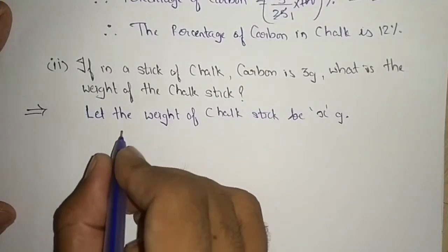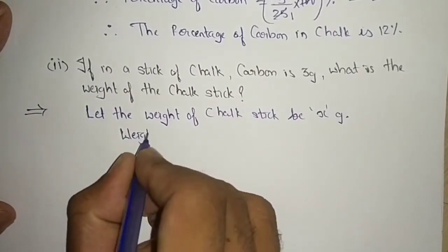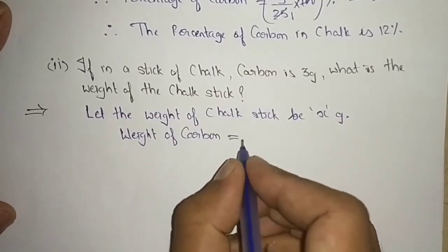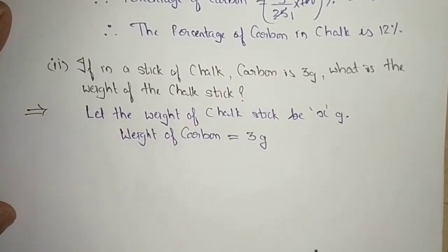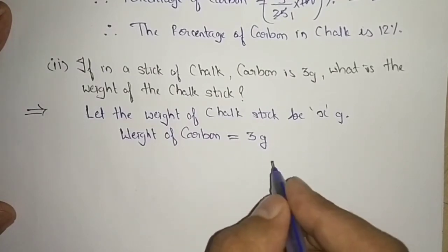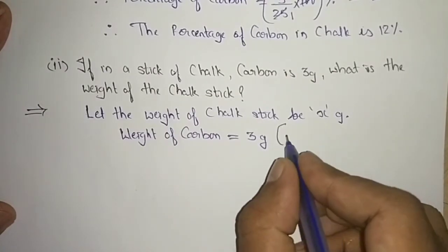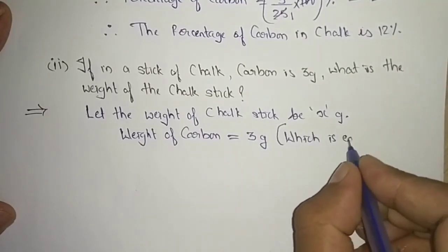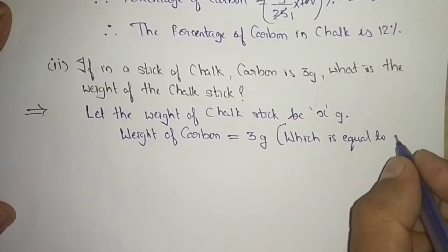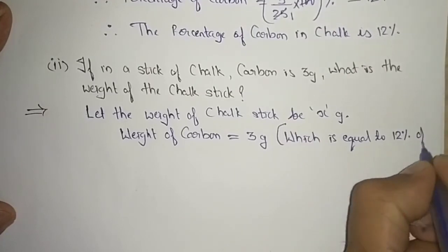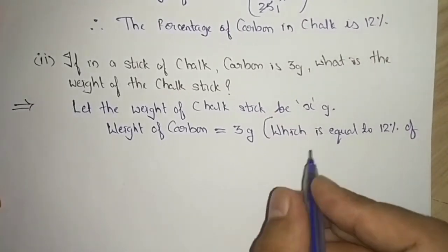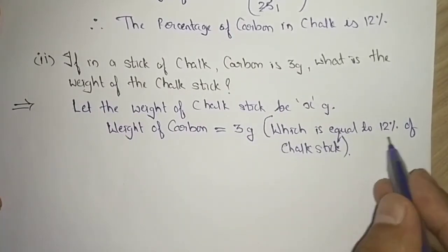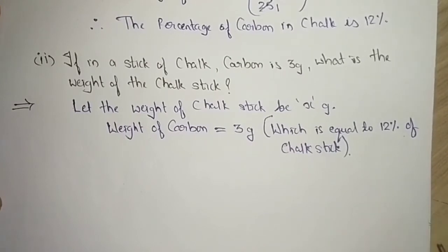They have given us the weight of carbon, which is equal to 3 gram. And what is this 3 gram equal to? 12% of what? 12% of the whole chalk, which is equal to 12% of the chalk stick.